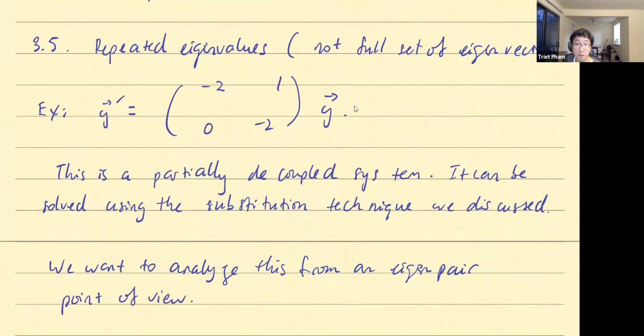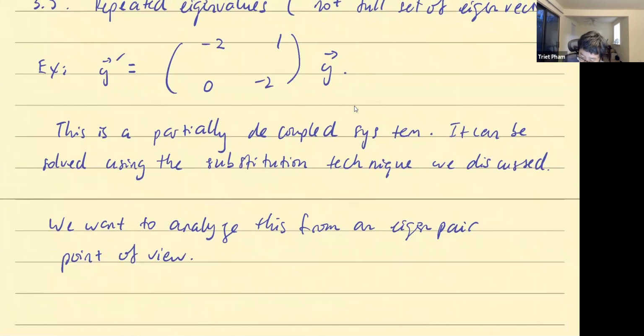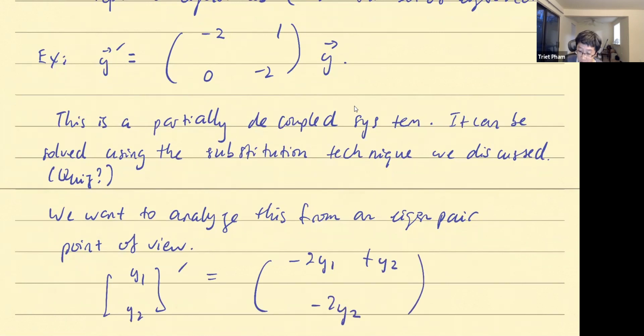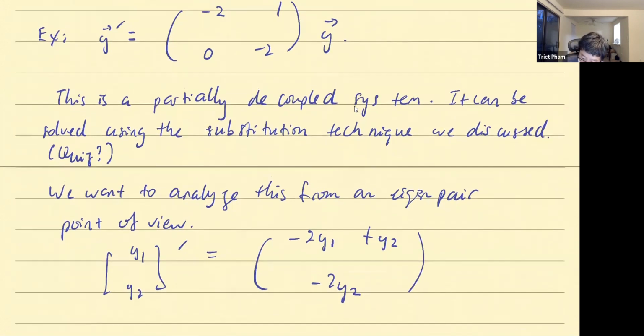Some of your quiz was also about that. What you look at is y1, y2 prime is literally -2y1 plus y2, and then minus 2y2.